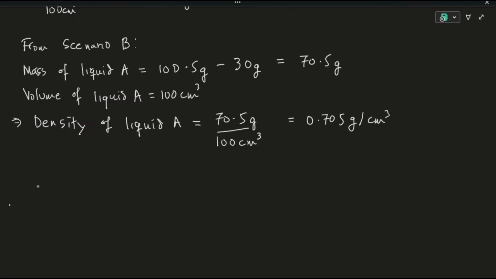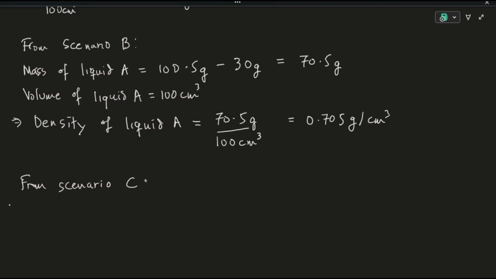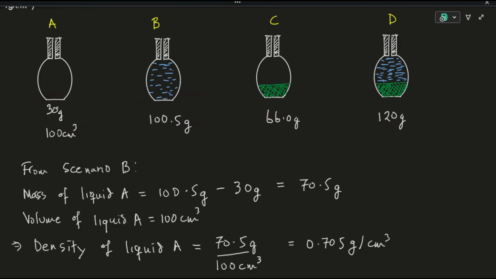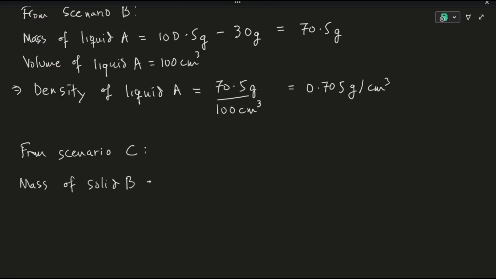Now from scenario C, since the empty bottle is 30 grams, it means that the mass of solid B is 66 grams minus the 30 grams. We are going to get the mass of solid B. So the mass of solid B is 36 grams.